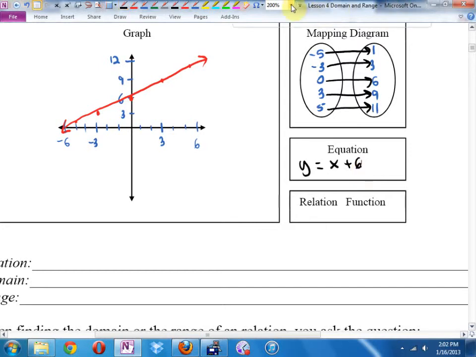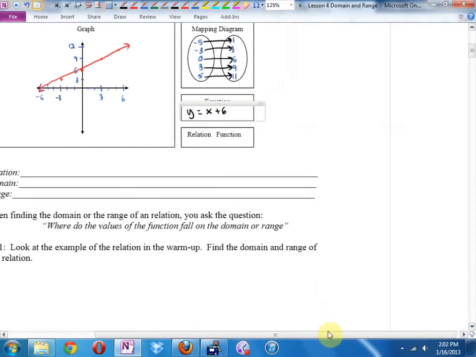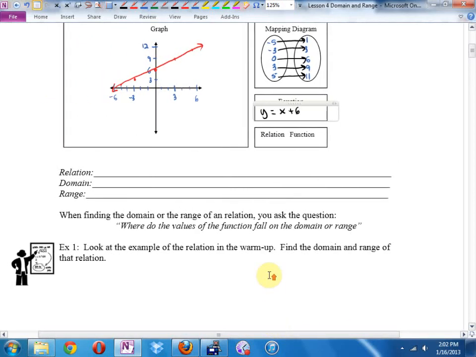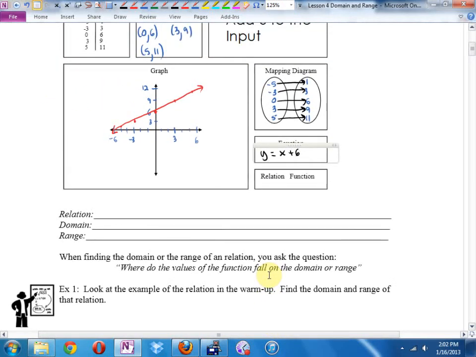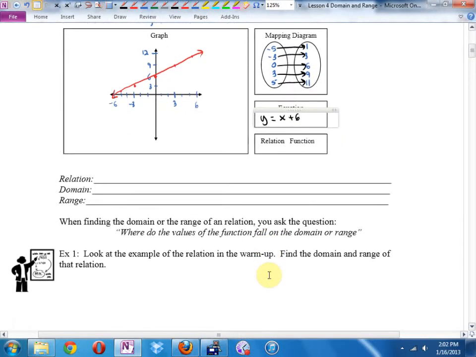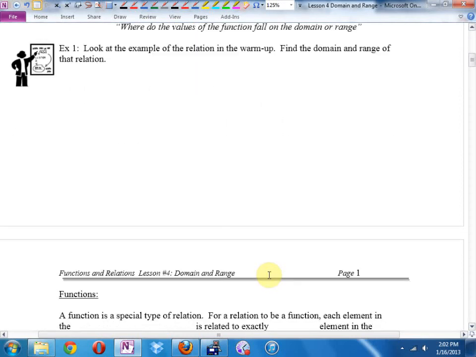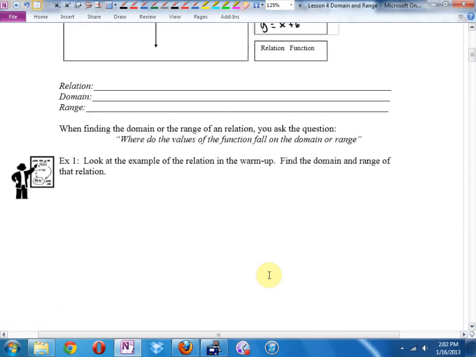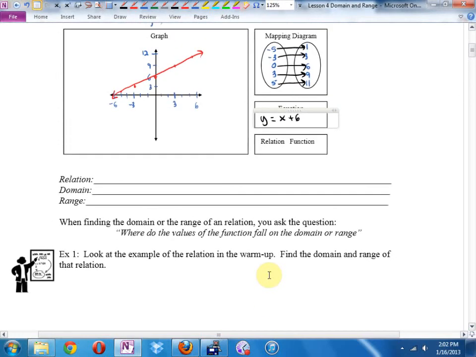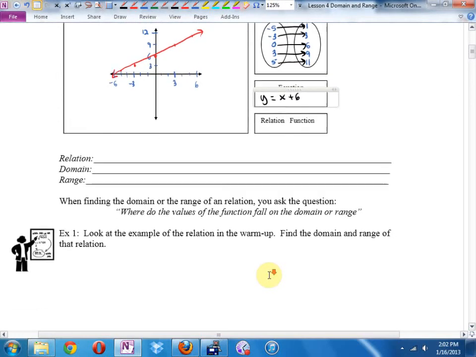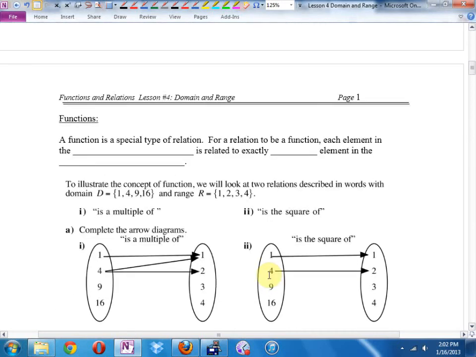You don't know how to do that yet. And then it says, what's the domain and what's the range? We're going to come back to that too. What we're going to talk about first is what is a function. So leave this blank for a second and turn the page.